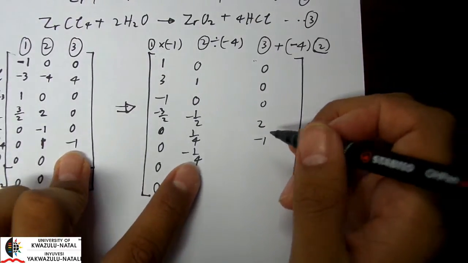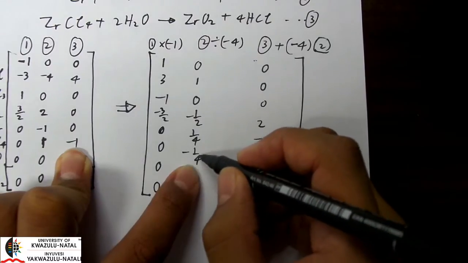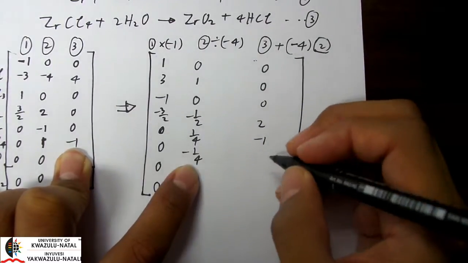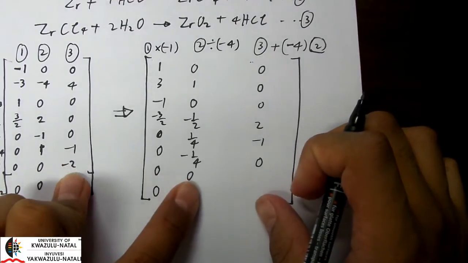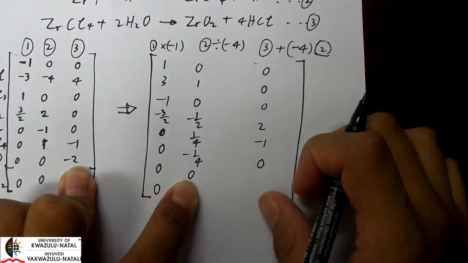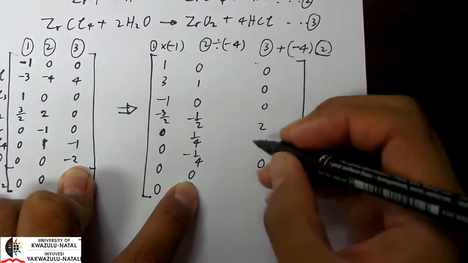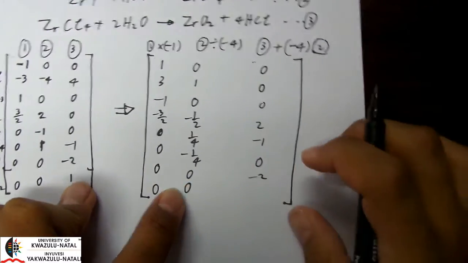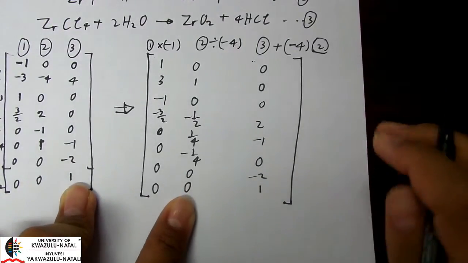Okay, so we have minus 1 plus negative 4 times a quarter, so that's minus 1 plus 1, so that's a 0 as well. Minus 2 plus 0 times negative 4, so that remains as a minus 2. And this remains as a 1 as well.